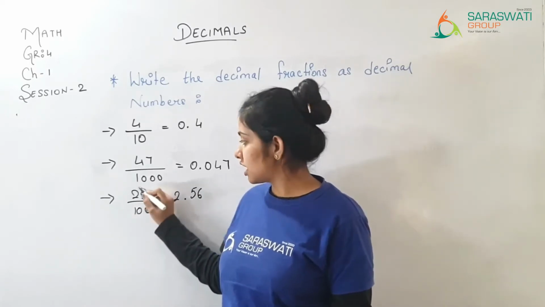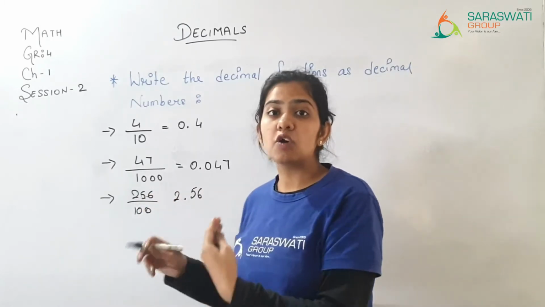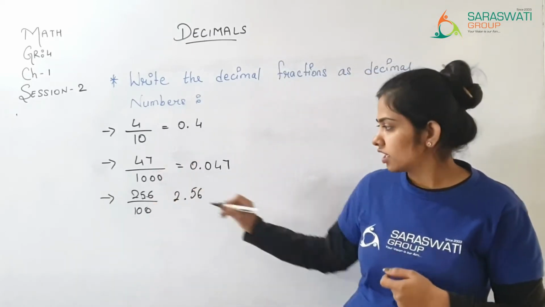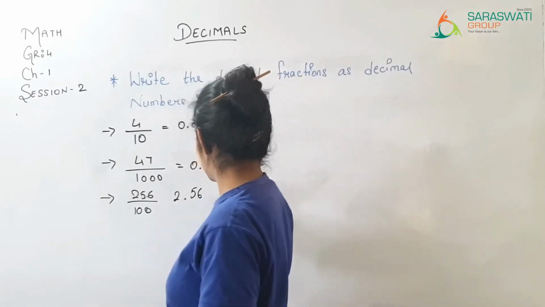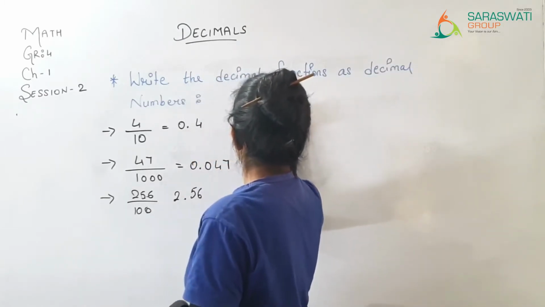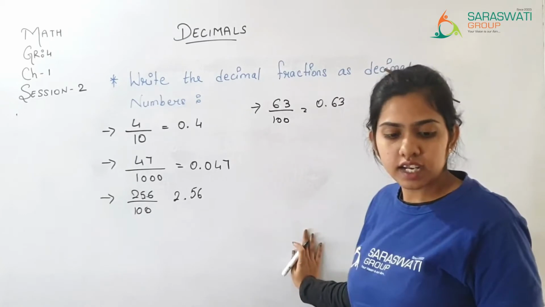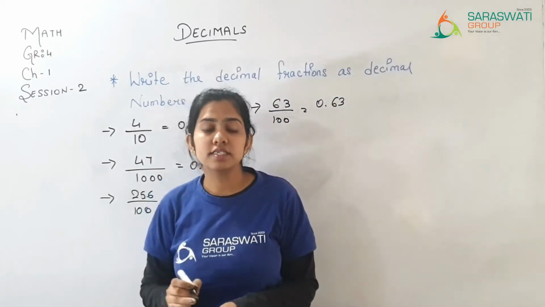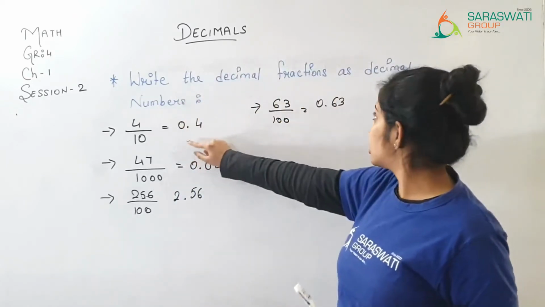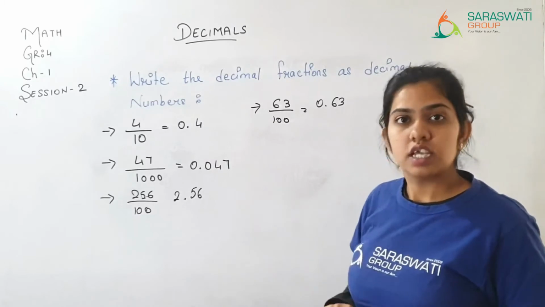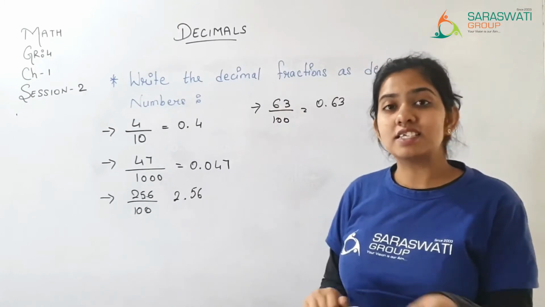If one more digit is left over, then put it before the decimal, in the whole part. 2.56. Now if it is 63/100, so 0.63, right? So in this way you are supposed to solve this question, that is, write the decimal fractions as decimal numbers. Okay, now the next question is write the decimal numbers as decimal fractions.